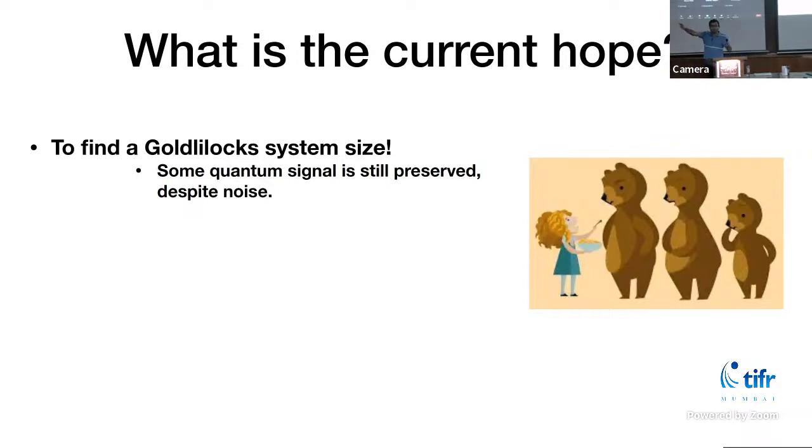For instance, Google had 53 qubits, then 70 qubits later, such that when you have noise, we will see how noise comes in, some quantum signal is still preserved. Noise doesn't make this problem classically tractable and classically trivial.